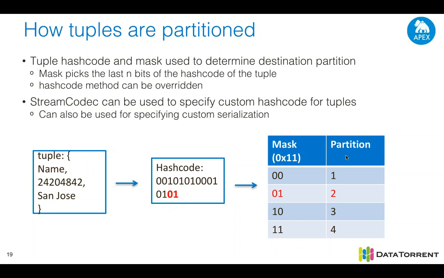It could be a combination of keys. Again, it's Java, so you can write whatever code you want. You're given the object, and you can generate your own hash code. And you can also control the serialization. If you want to do your own serialization and deserialization, you can do that. It's not needed, but if you want to, you can.